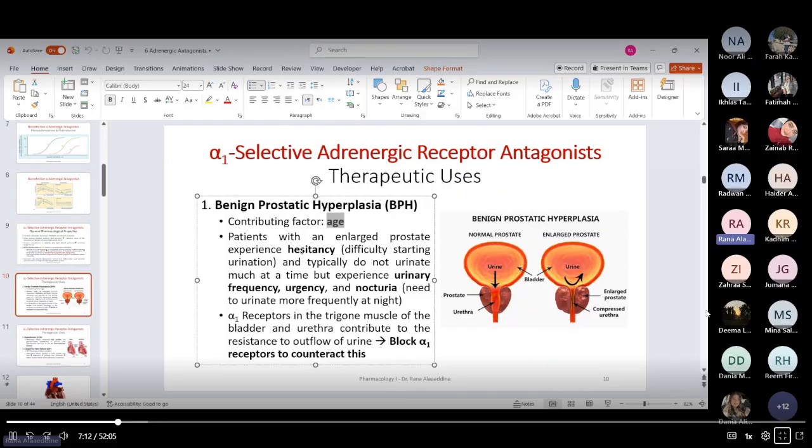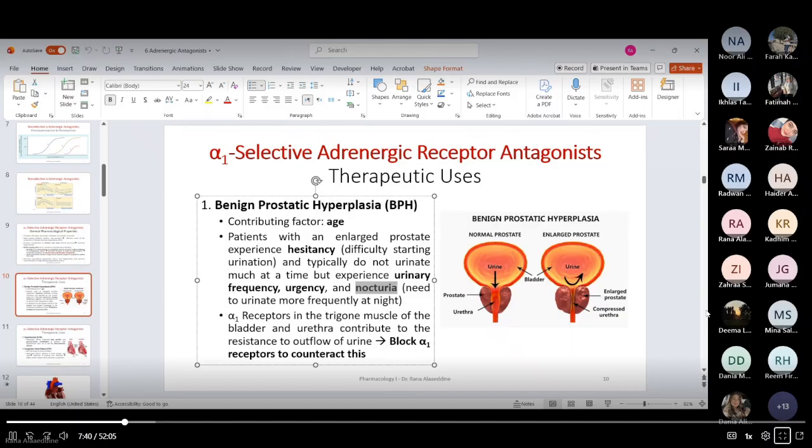So the patient is going to start having problems in urination, like hesitancy, so difficulty starting urination, or frequency in urination, so urination more frequently than usual, urgency, a sudden feeling that the person has to urinate, okay, nocturia, which is the need to urinate more frequently at night.